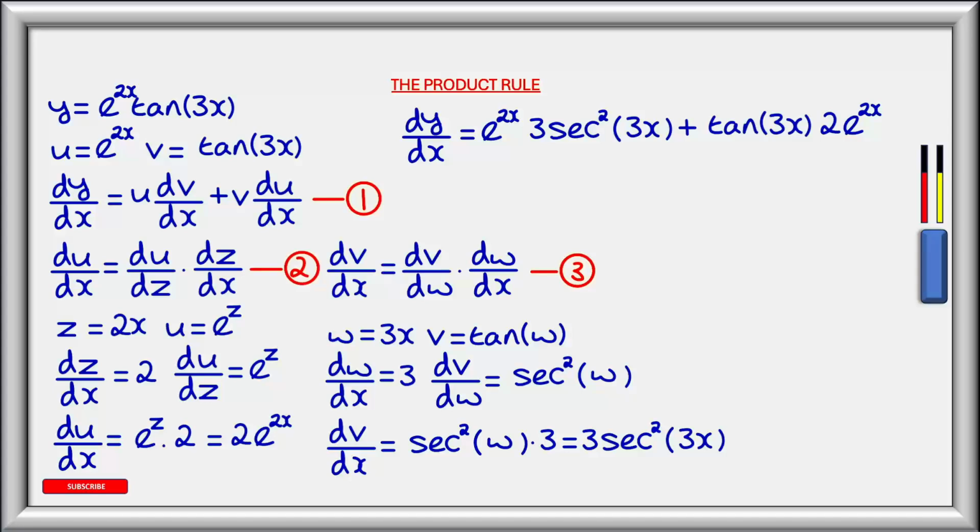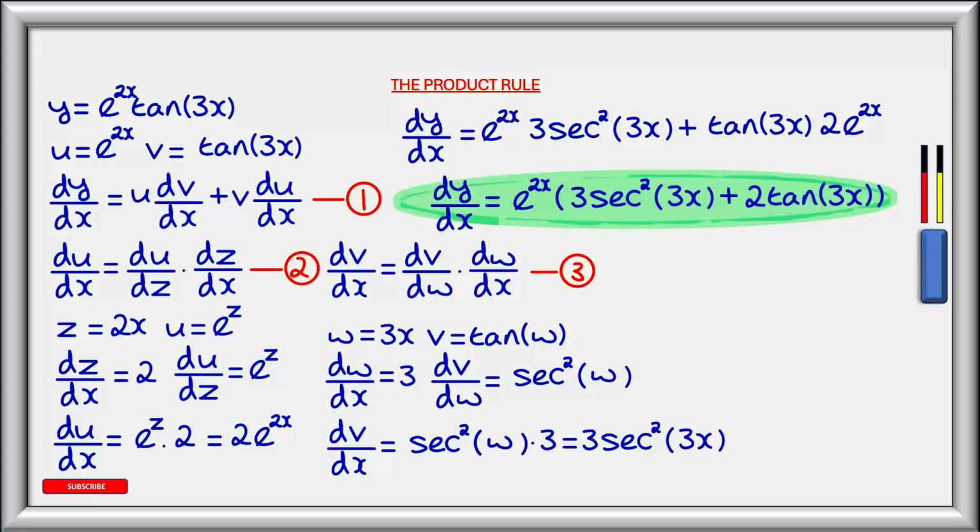So we have dy by dx is equal to u, which is e to the power of 2x, multiplied by dv by dx, which is 3 multiplied by secant squared of 3x, plus v, which is tan 3x, multiplied by du by dx, which is 2 multiplied by e to the power of 2x.